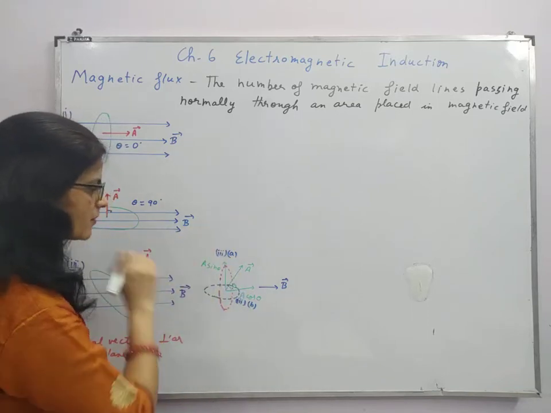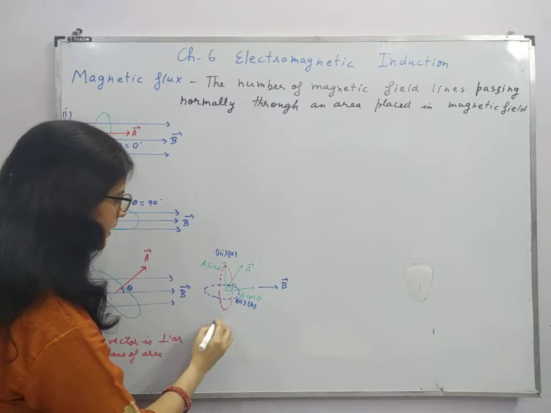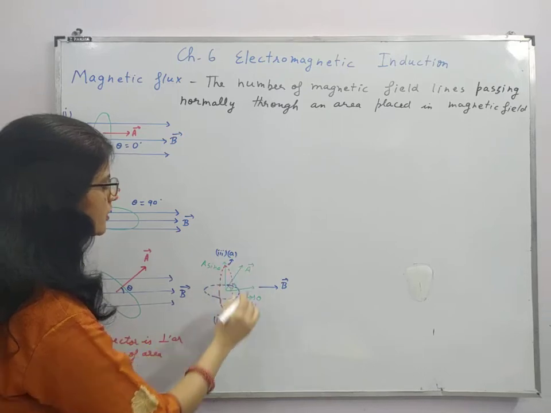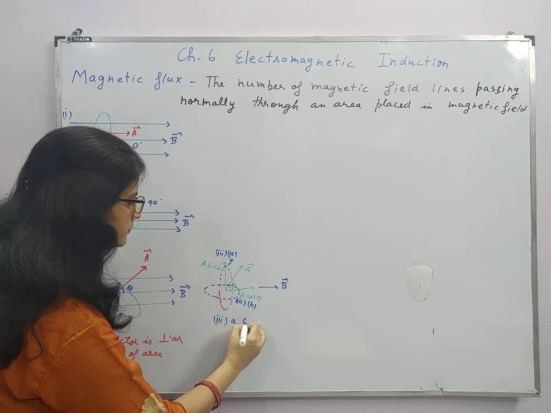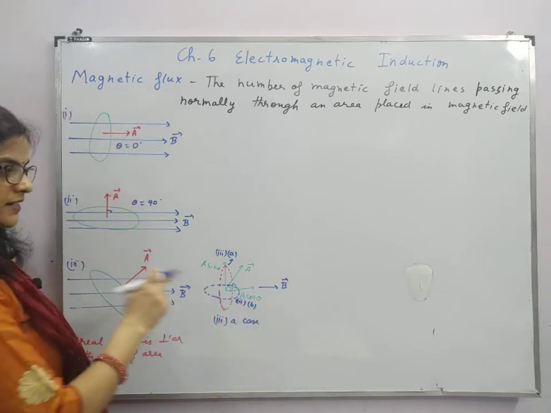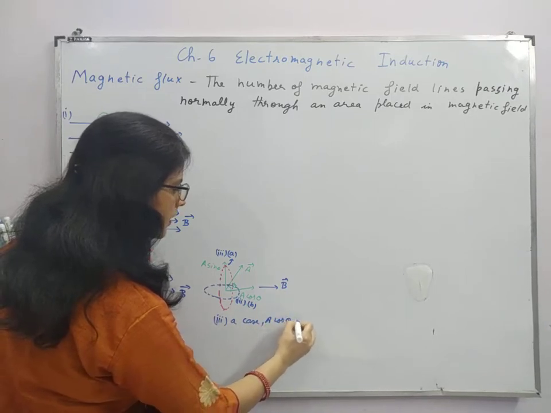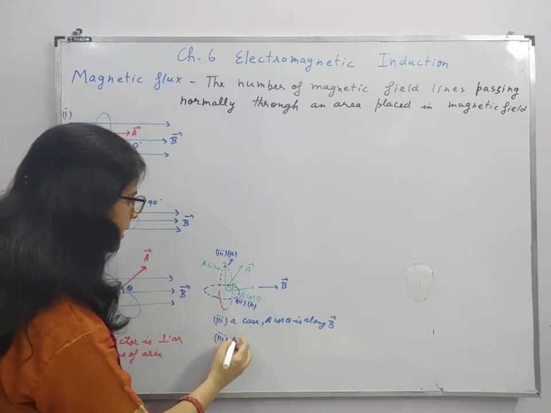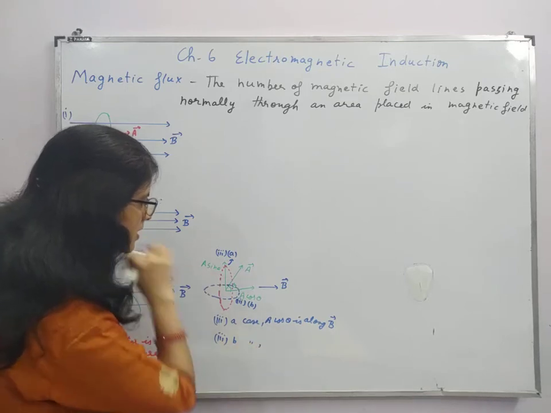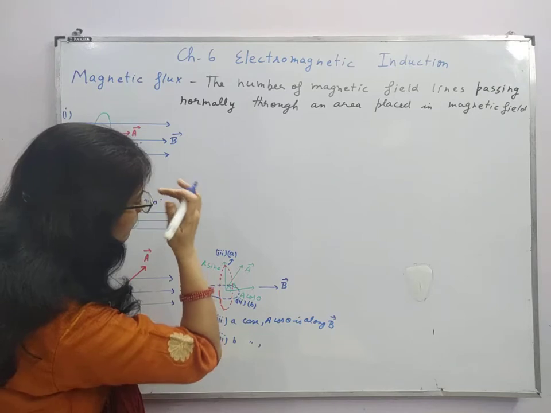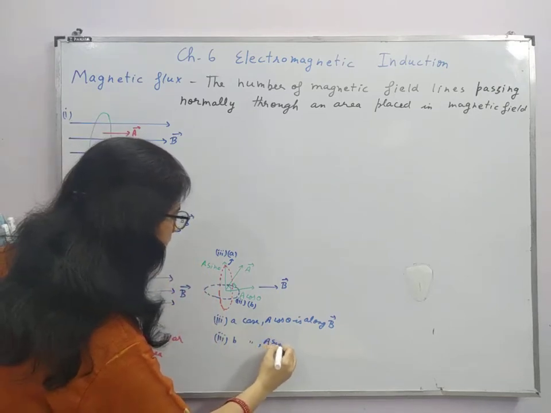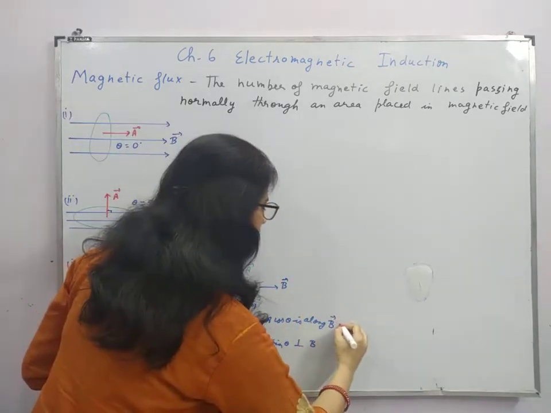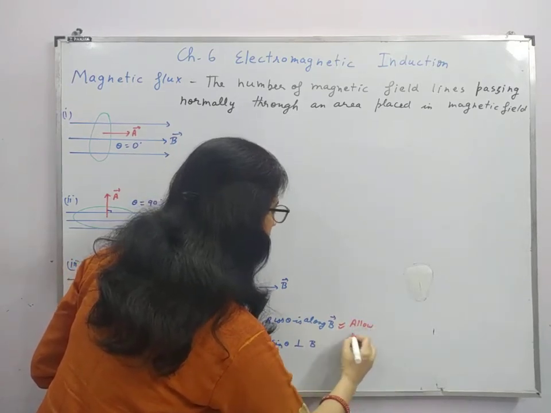So in the third A case, A cos theta is along B. In the third B case, A sin theta is perpendicular to B. So this will allow magnetic field lines.